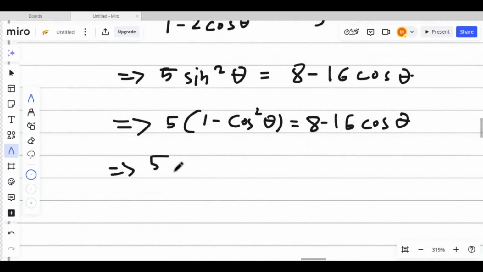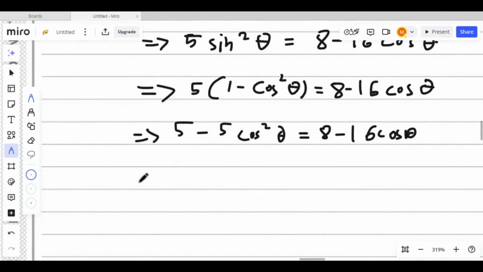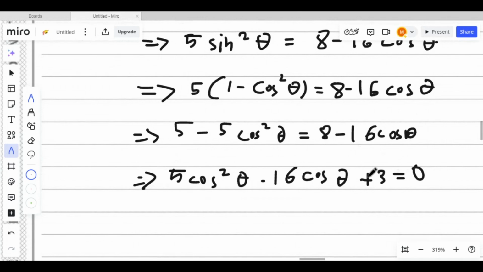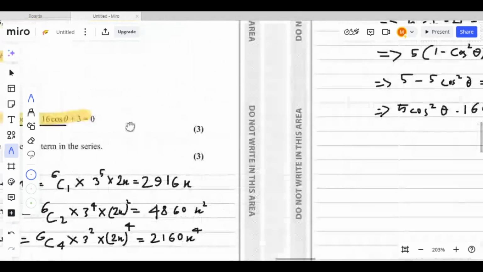So you'll get 5 minus 5 cos squared theta equals 8 minus 16 cos theta. Now take all of the terms to the same side. So you'll get 5 cos squared theta minus 16 cos theta plus 8 minus 5. This is plus 3 equals 0. That's it.